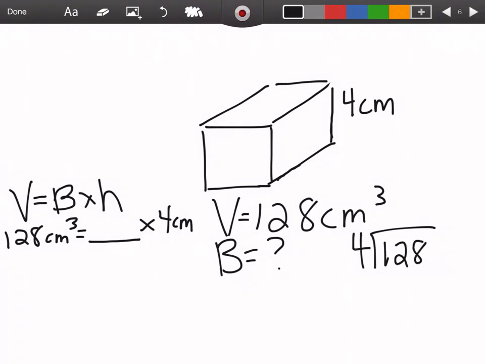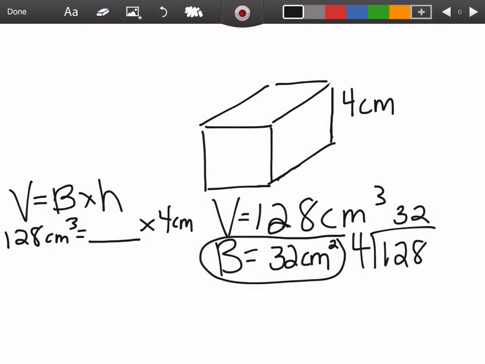You can do that on your calculator if you want to, or you could do it by hand. You should get the answer of 32. You'll get the answer of 32 centimeters, and you actually have to put squared here because remember the area of the base is two of those dimensions.